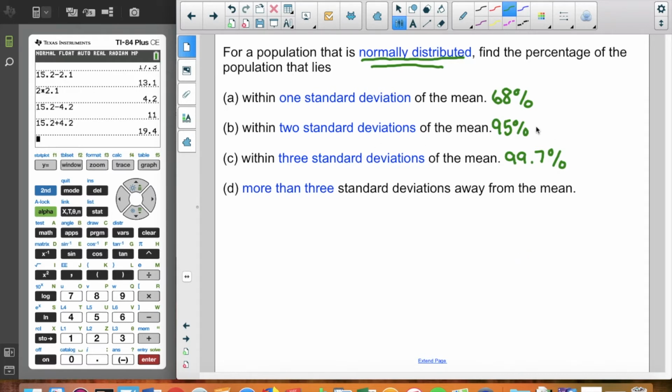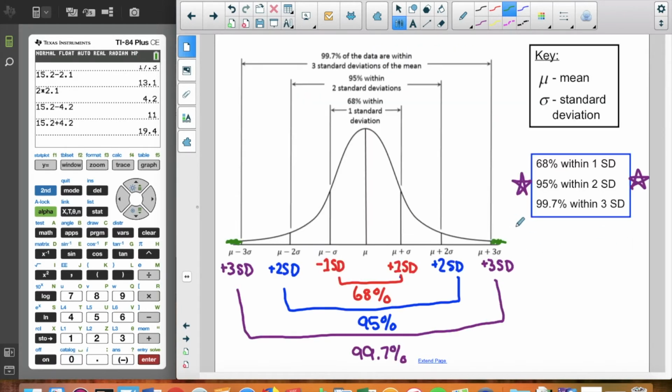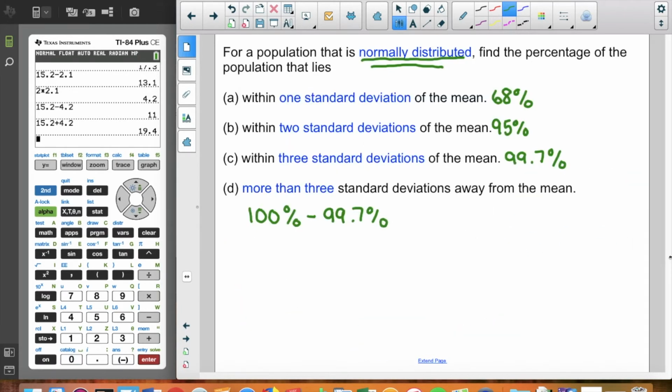Now, if 99.7% of the data is within 3 standard deviations, there's not much that's going to be more than 3. So to find more than 3, you have your 100%, and you have to subtract that 99.7% to find what's that extra space that I colored in green.